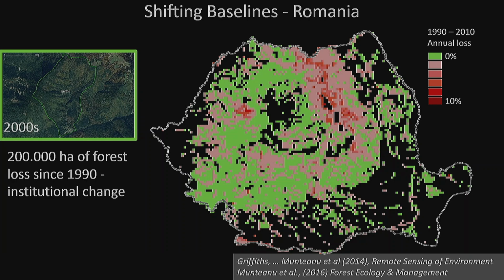Some of the reportedly highest rates of forest harvest in Romania happened in the decade immediately following the collapse of the former Soviet Union, so in the 1990s. With modern remote sensing data, we identified this period, 1990 to 2010, as having the highest rates of change. Romania lost some 200,000 hectares of forest in those 10 years.